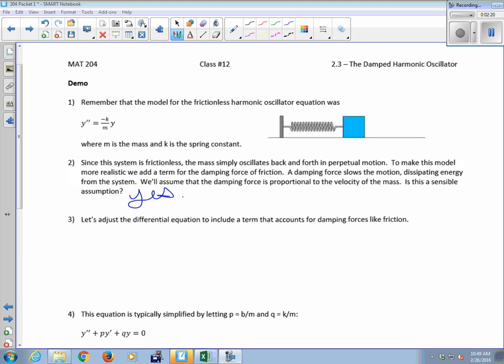So my new equation is just my old equation, y double prime equals negative k over m y, and then I also have to account for friction, and I have a y prime, that's my velocity, and I think we write this as b over, oh, I know what I did.